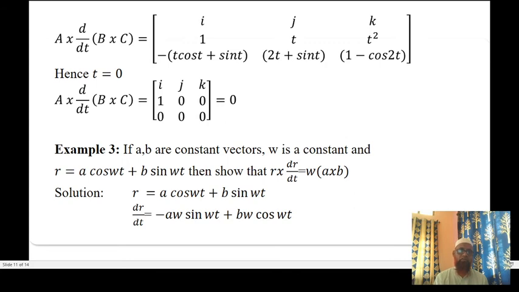Hence t equal to 0: i, j, k; 1, t equal to 0, t square is 0.